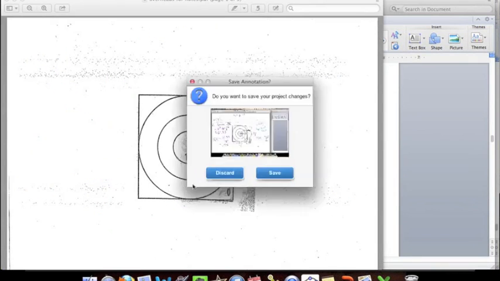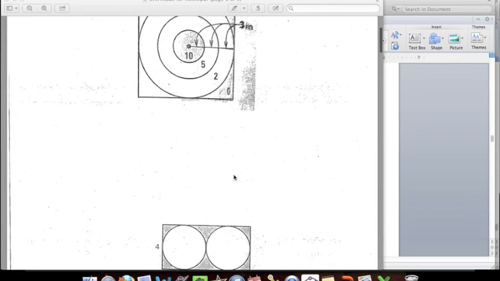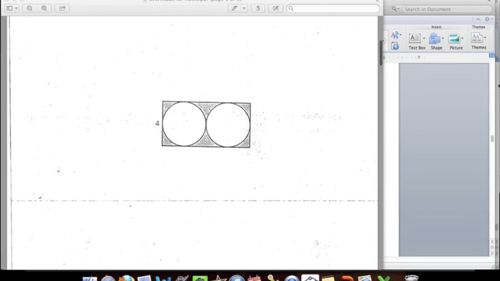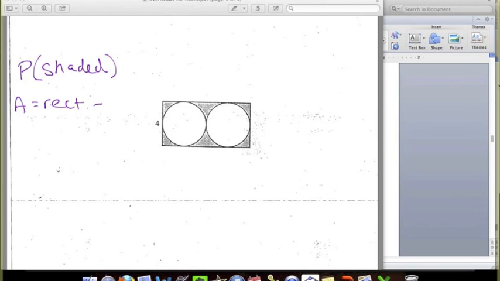The second question on this uses this board and says, what is the probability of hitting the shaded region? So here we're looking for the probability of the shaded region. To do that, we need to find the area of that shaded region, which is the area of the rectangle minus the circles.